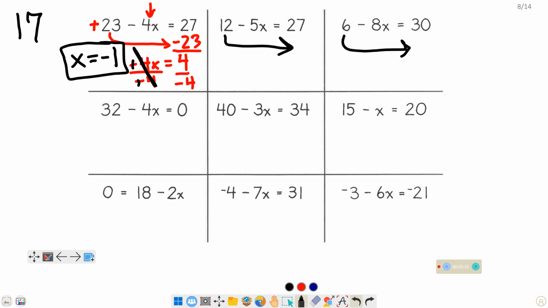It's focusing, this primary set is focusing on making sure that you've got negatives and you're paying attention to those. The one exception could be this one. You could side-side flip this one over here to make the variable positive, but that's up to you.